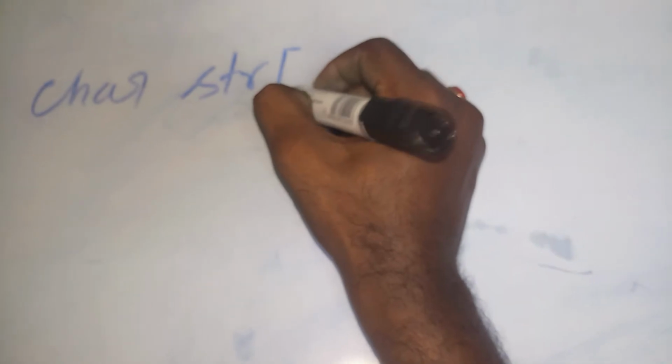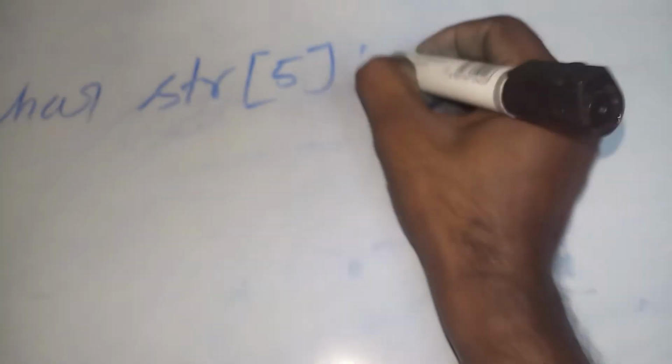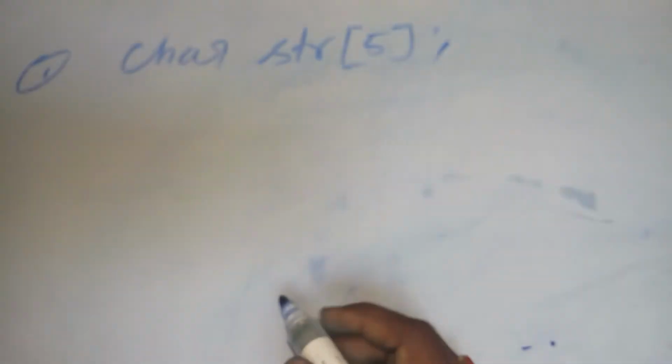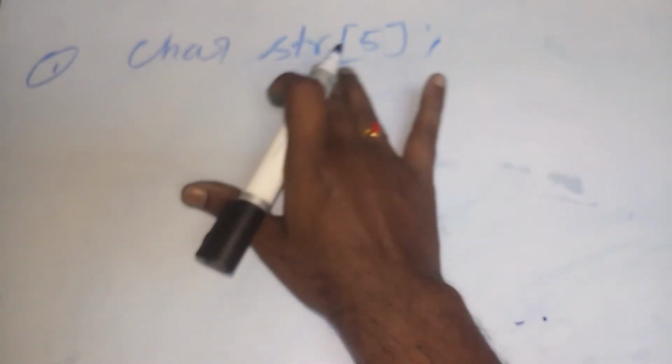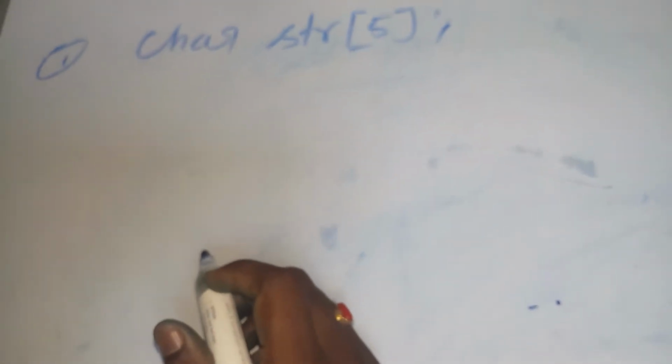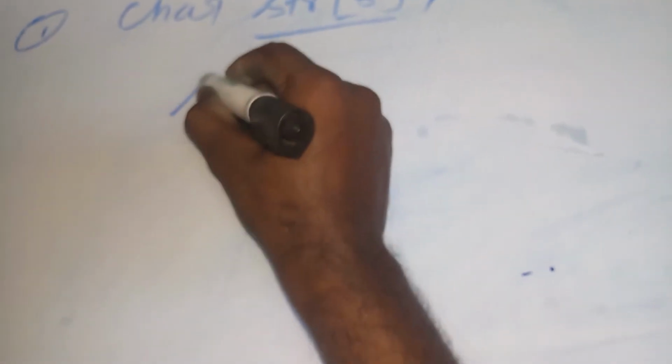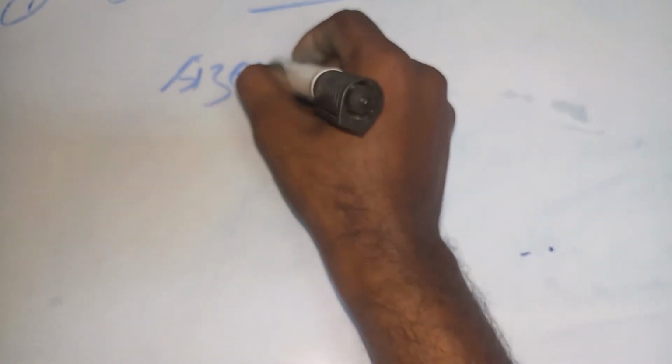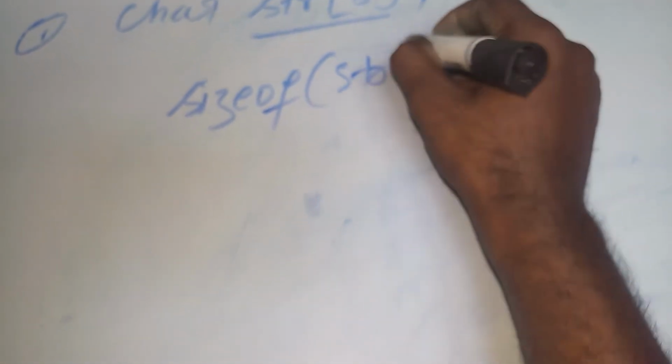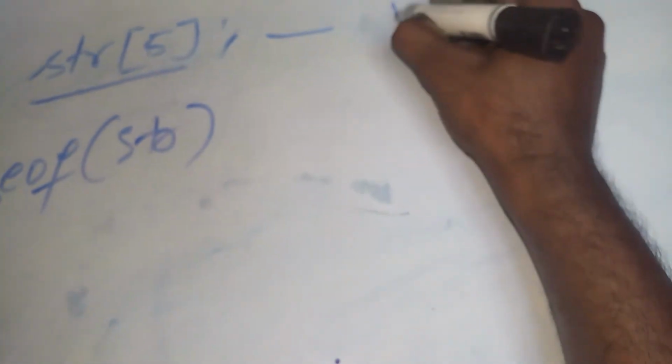Property number 1. If I give char str of size 5, what is the size of this str? What is the operator we are using to find the size? sizeof(str). What is the size? How can it be represented?